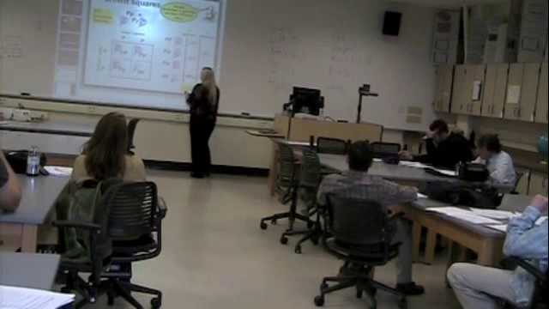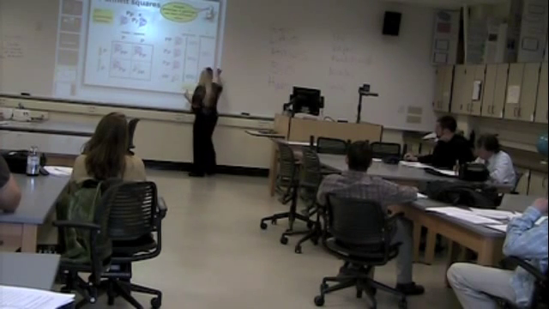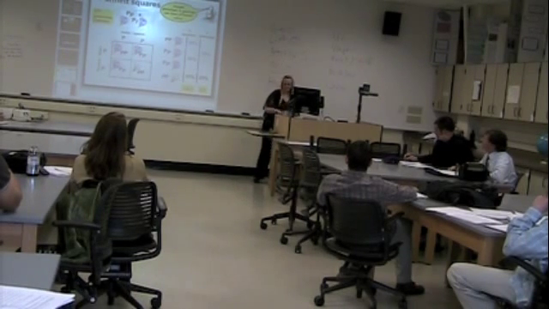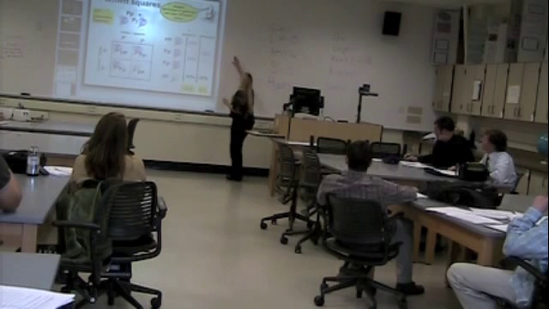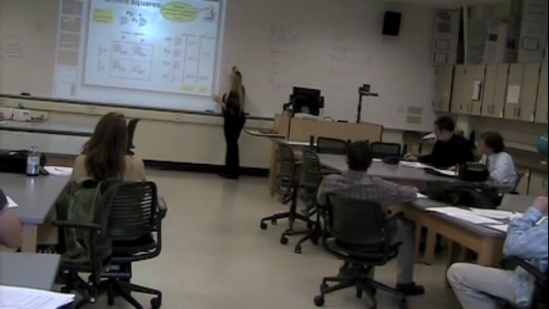So let's take hair type. We have straight and curly. So straight, S. The allele for straight hair is going to be indicated with the capital S. And we talked about dominant and recessive.